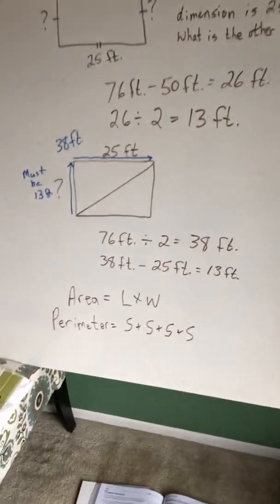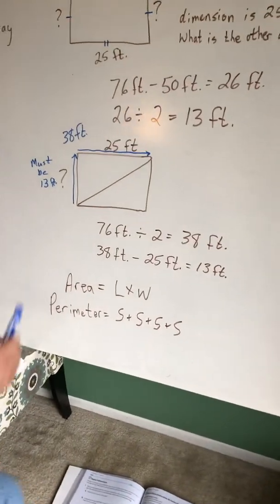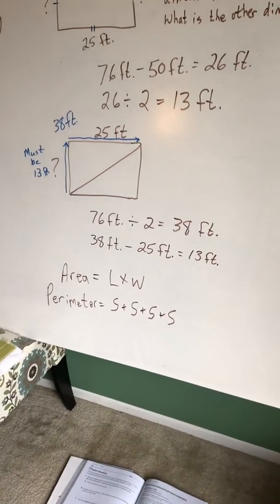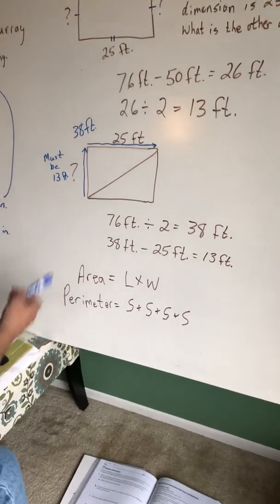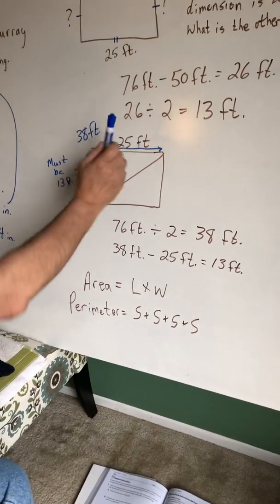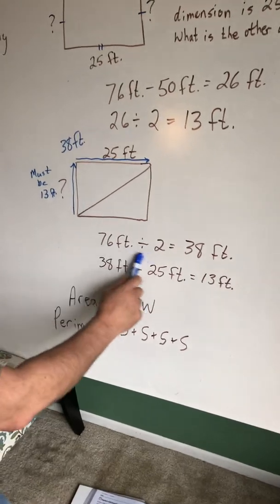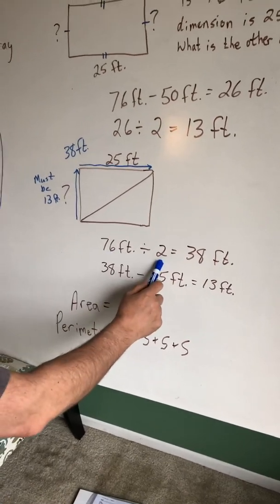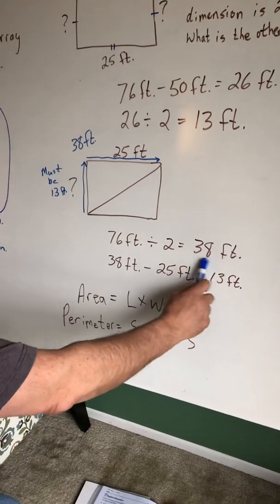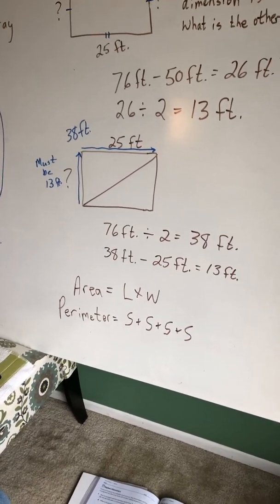Okay? Now, I'm going to come down a little bit. All right? So the other way of doing it, like I just showed you, is if we know this is 25 feet, and we know the total is 76 feet, okay? So if we divide the total by 2 and cut it in half, we know that half of the perimeter is 38 feet, okay?